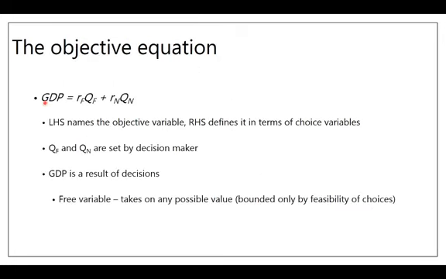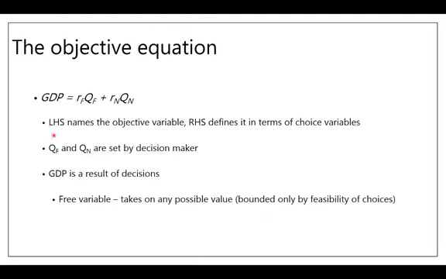Well, let's start with the objective equation. So GDP, and here you see I've got the subscripts back. RF times QF, this is the returns from making food. Here's the returns from making non-food. The left-hand side is the objective. The right-hand side are how the choices are related to the objective. QF and QN can be set by whoever is the decision maker.